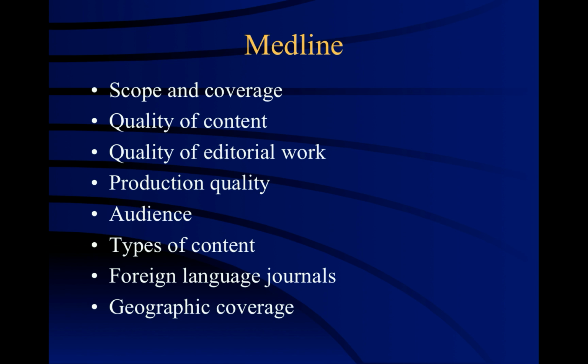The type of content. Journals whose contents consist of one or more of the following types of information will be considered. Reports of original research. Original clinical observation accompanied by analysis and discussion. Analysis of philosophical, ethical, or social aspects of the health professions or biomedical sciences.